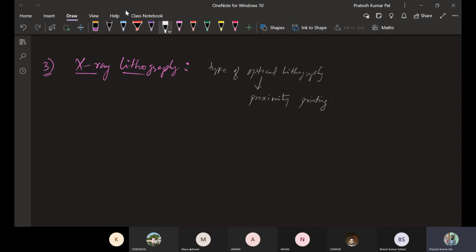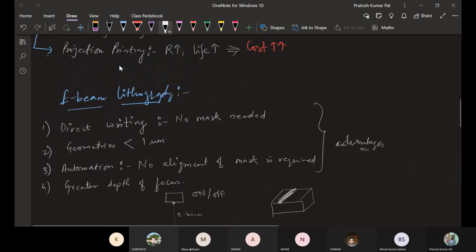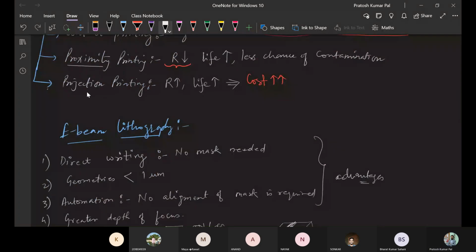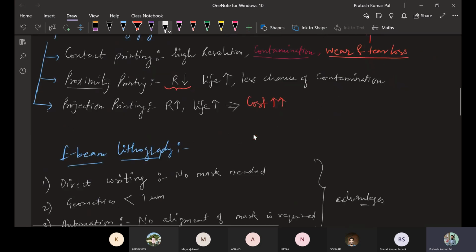Okay, so here they will be using X-ray light for exposing. So in proximity printing, the resolution was less and the life was high, and also there is less chance of contamination.